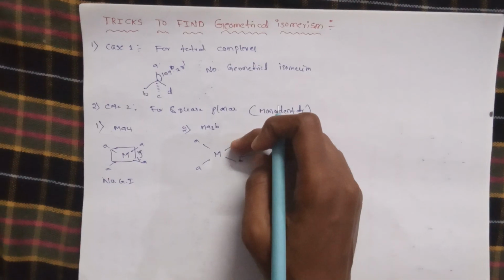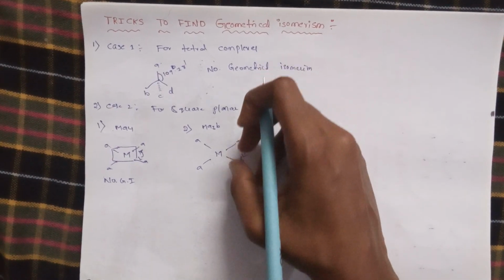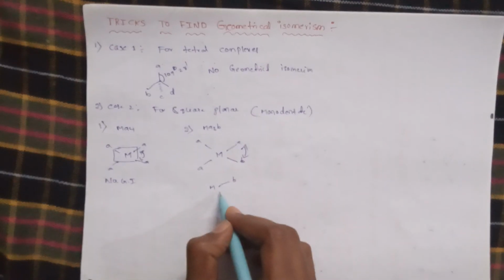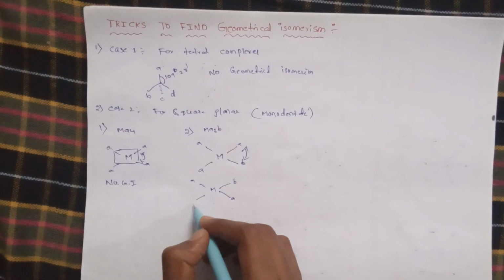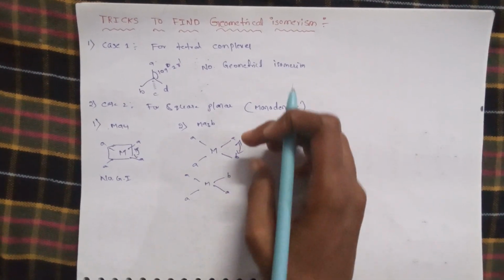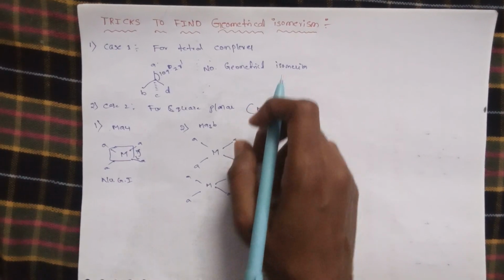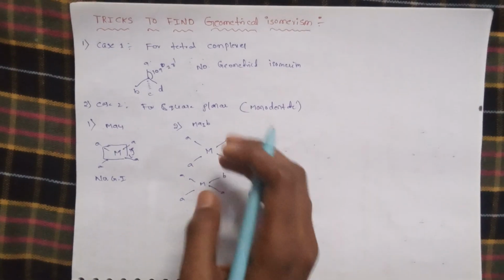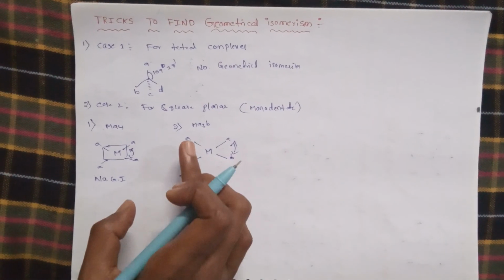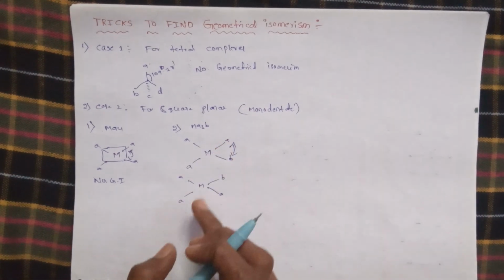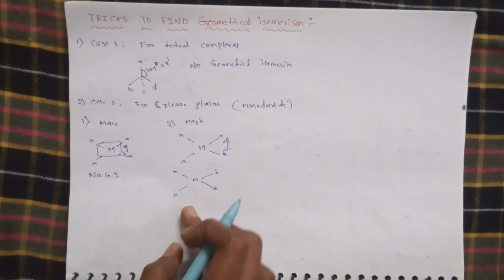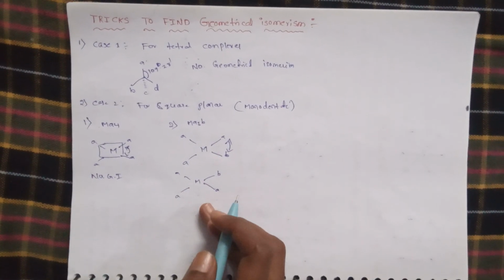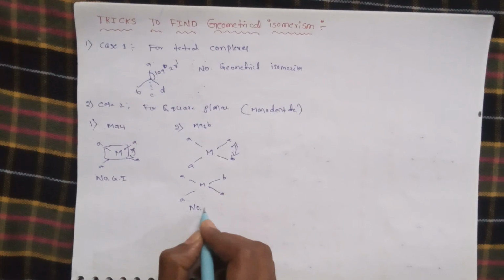This B is changing to A, and this A is changing to B, so now you write B on that side and A, A, A. Only two interchange, remaining all the same. Now observe: A is perpendicular to B and A is perpendicular to A. B also has the same structure, no change. That means no geometrical isomerism.